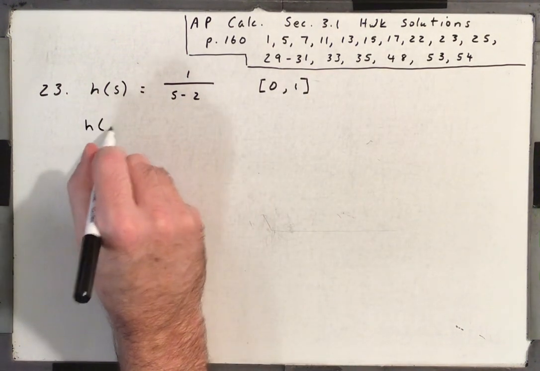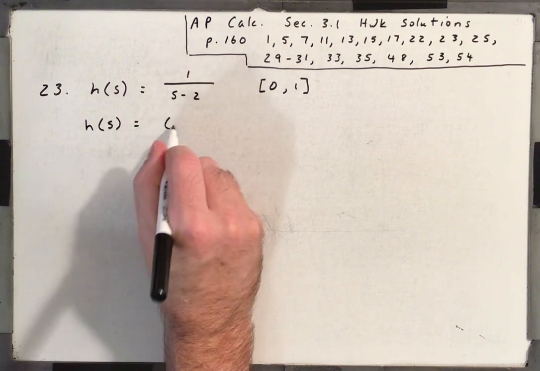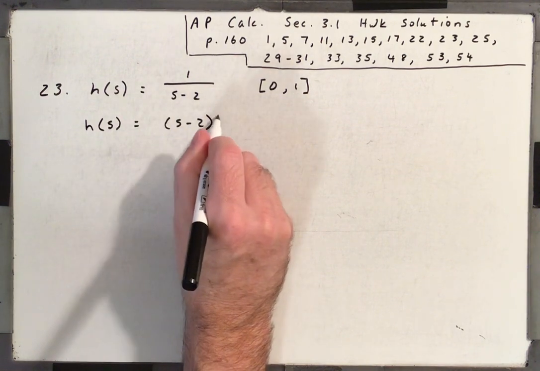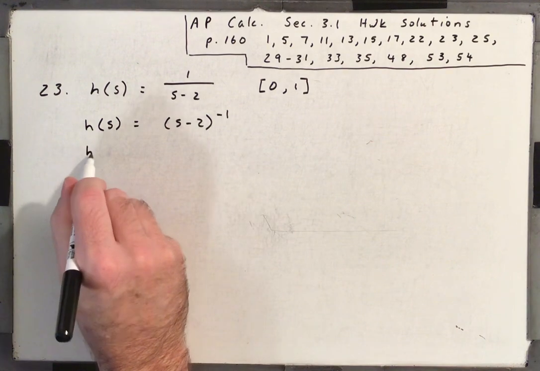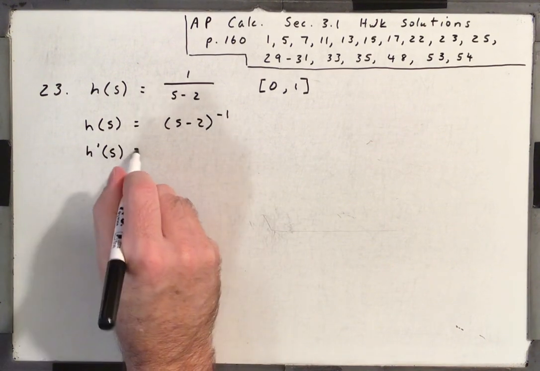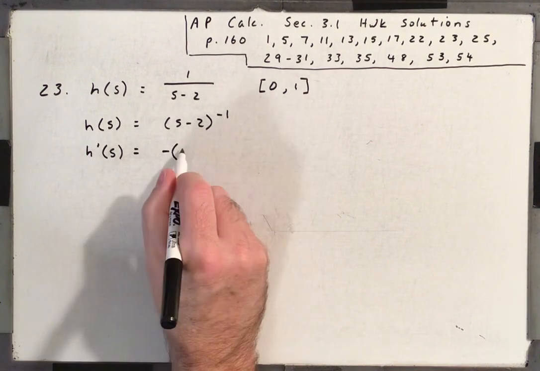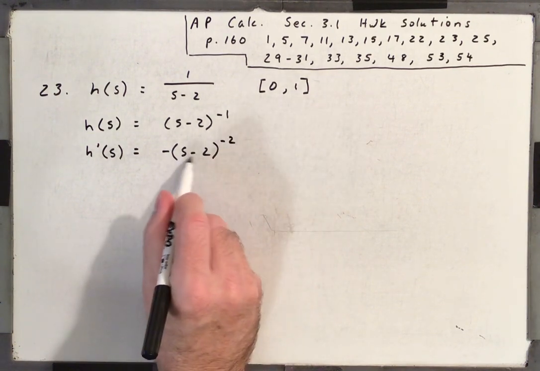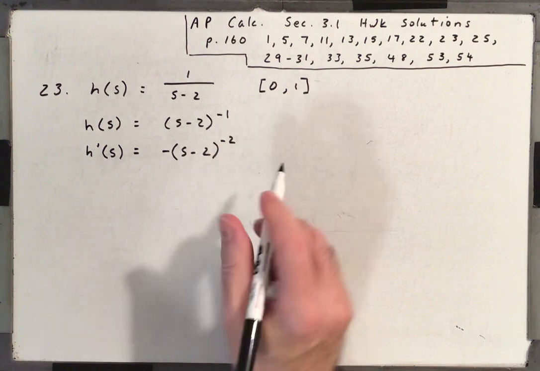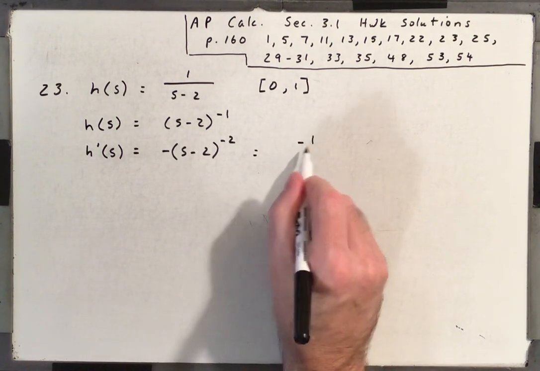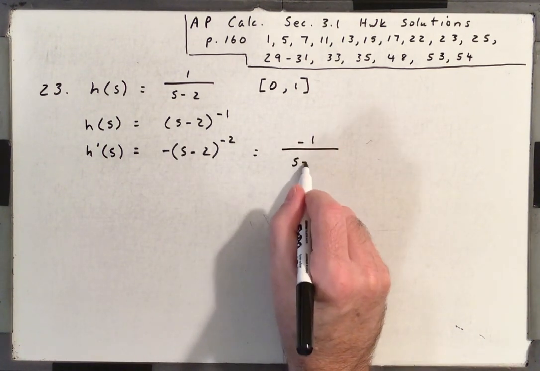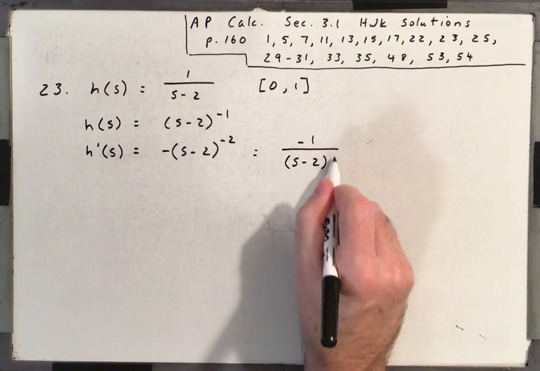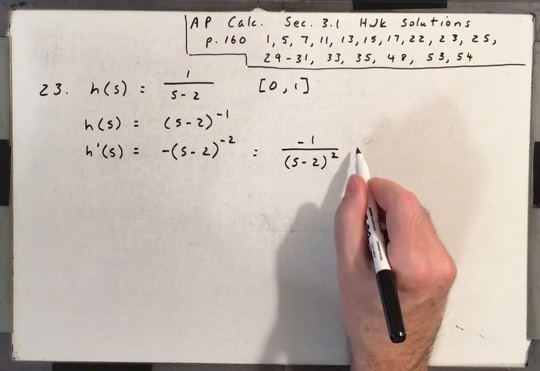All right, I'm going to rewrite this as s minus 2 to the minus 1 power. So h prime of s would be minus s minus 2 to the minus 2 times the derivative of the block, which is 1. So that's going to be minus 1 over s minus 2 all squared.